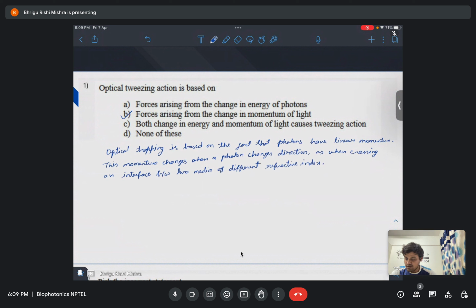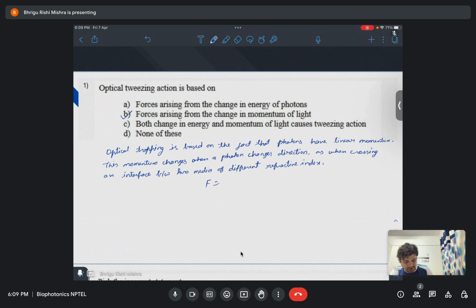Since the total momentum is conserved, the difference between the initial and final momentum of a photon is transferred to the particle, and that is responsible for the force that appears on the sphere.